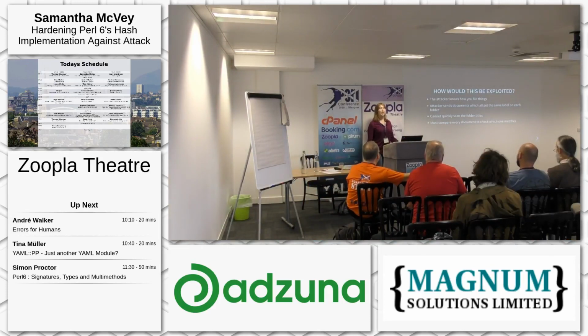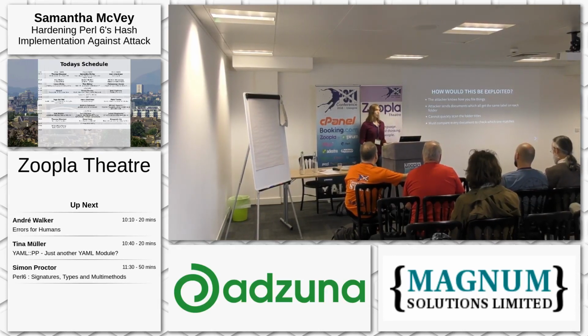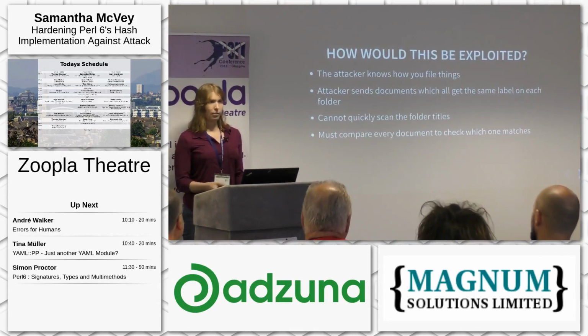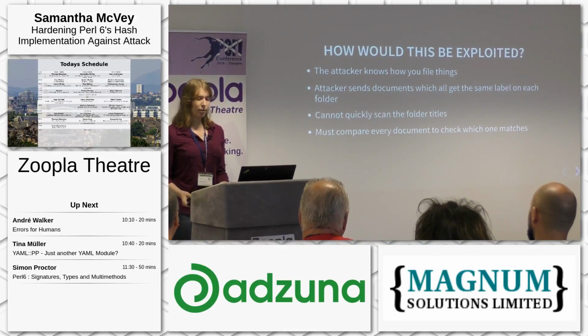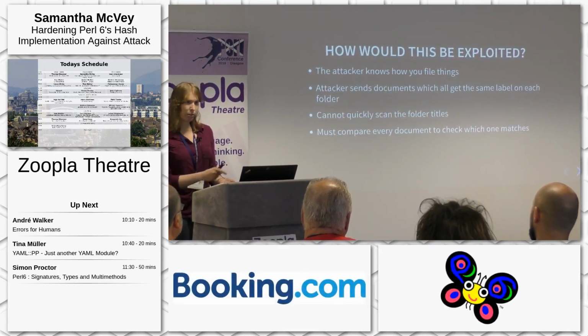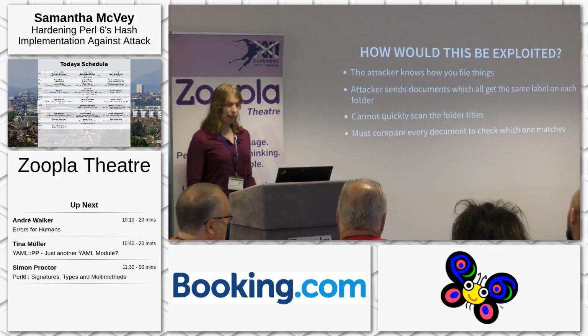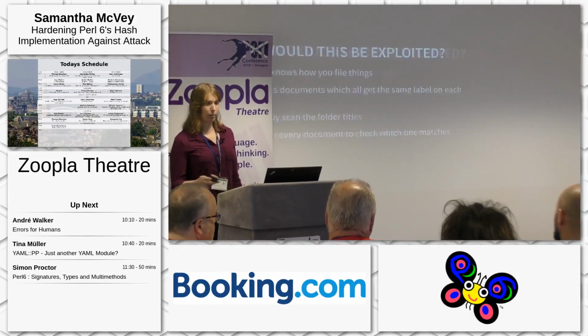Yes. Okay. So the attacker knows how you file things, and they start sending you lots of documents, which, because you have a very rigid filing system, you have to put the same label on every single folder, and then you just end up with a cabinet with the same name. When you're trying to look up a document, see if it's there, or see the value that it has, let's just say it's on the back of the paper, you can't quickly scan the titles, and you have to compare every document.